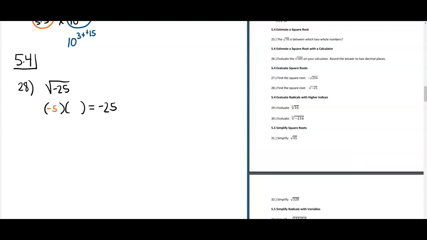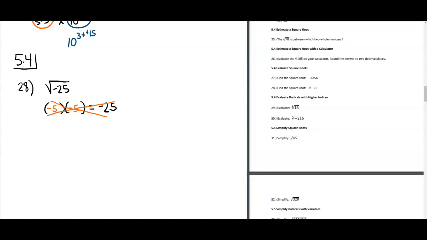But if you do negative 5 times negative 5, that doesn't give you a negative 25 because negative times a negative gives you a positive answer, right? So that doesn't work. And if we tried to do 5 times 5, that would still give us a positive number. And so there is no number that I can multiply by itself to end up with a negative answer.